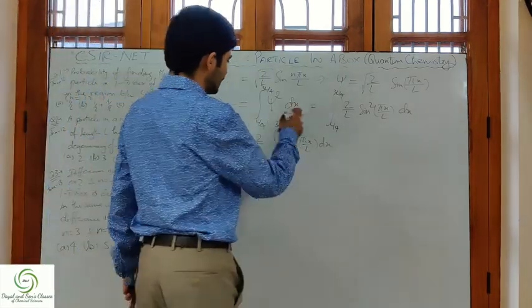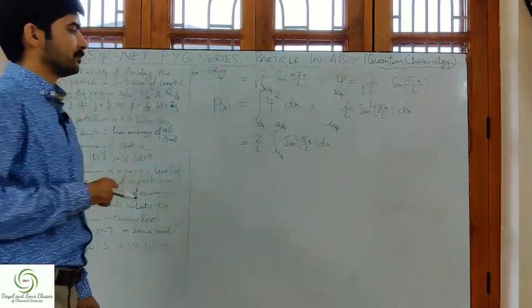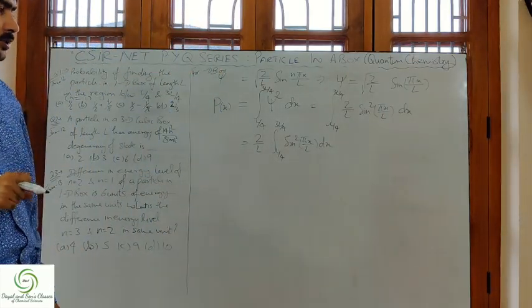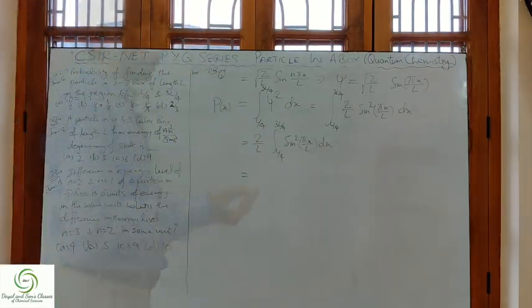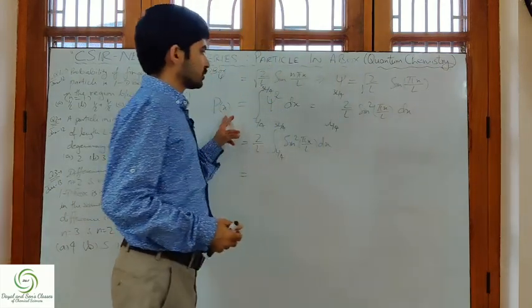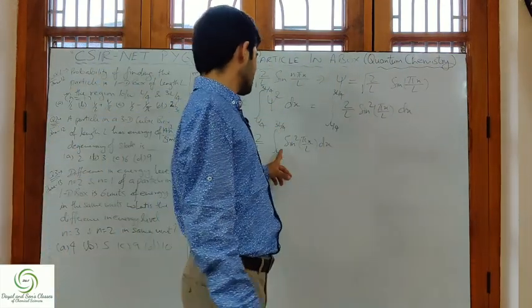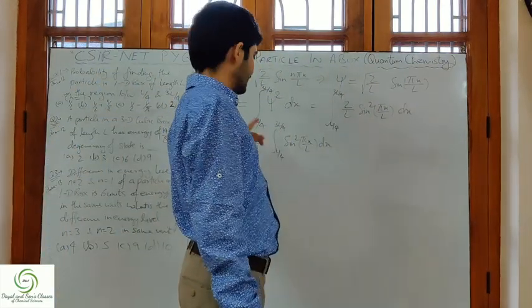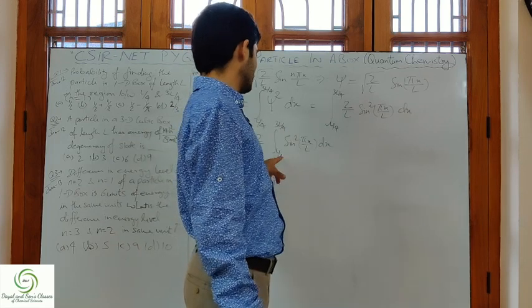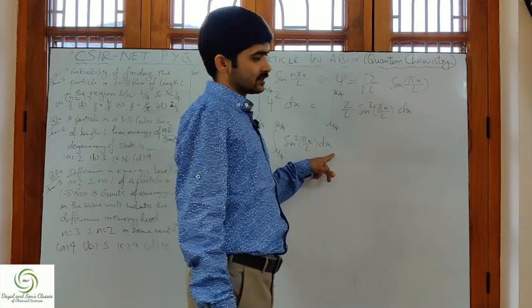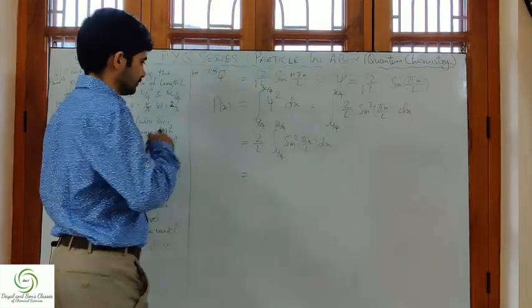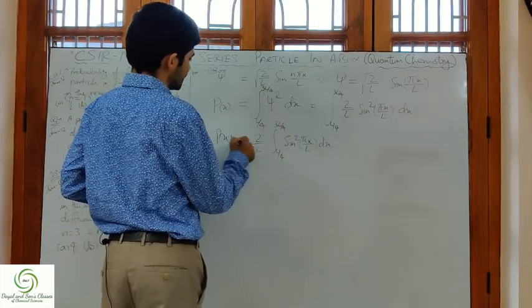Now the integral of this sine square pi x upon L is needed. Till now what we have got is that Px is 2 by L integral from L by 4 to 3L by 4 of sine square pi x upon L dx, which is the probability. Now what we need to do is integrate this.